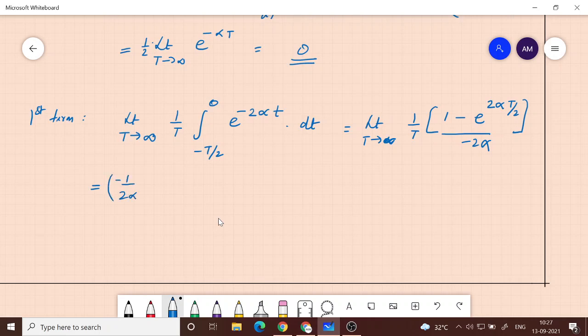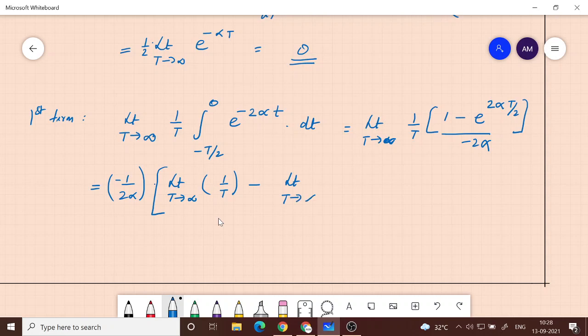Okay, so minus 1 by 2 alpha, then limit t tends to infinity. Again let us split it into 2 parts. First part is 1 by t. That doesn't create a problem, because as t tends to infinity, 1 by t goes to 0. But the second part we have to handle a little carefully.